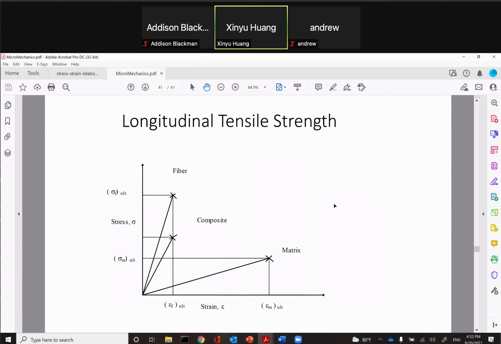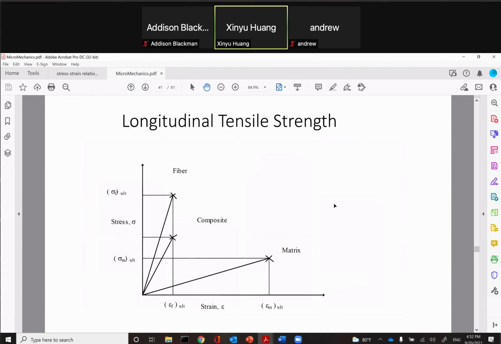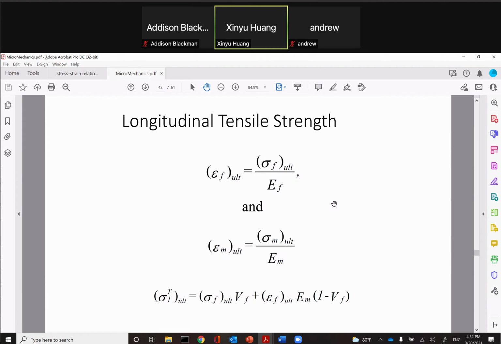You can write an equation to predict the composite strength. You can predict this number using the fiber failure properties and the composite properties.